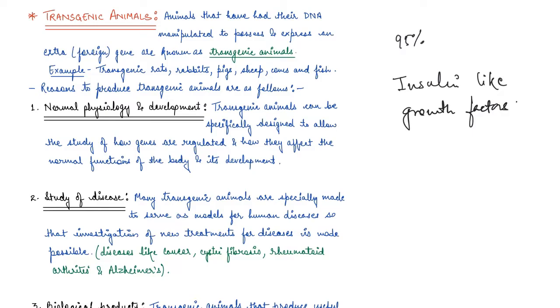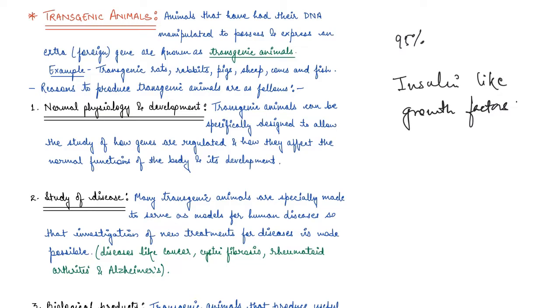By introducing genes from other species that alter the formation of this factor and then studying the effect that results, that information is obtained and then the biological role of the factor in the body is studied, right? So to study the normal physiology and development, we produce transgenic animals.